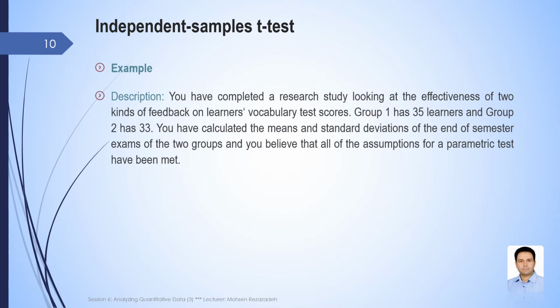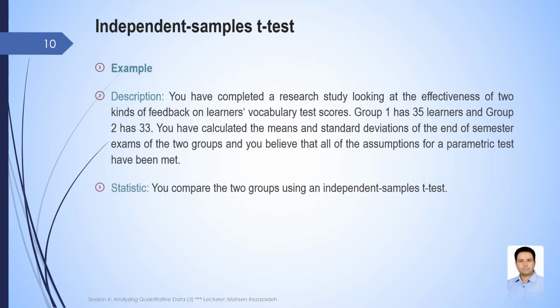You have calculated the means and standard deviations of the end of semester exams of the two groups, and you believe that all of the assumptions for a parametric test have been met, for example, normality, equality of variance, and the rest. So the statistic that you need here in order to compare the two groups is the independent samples t-test.